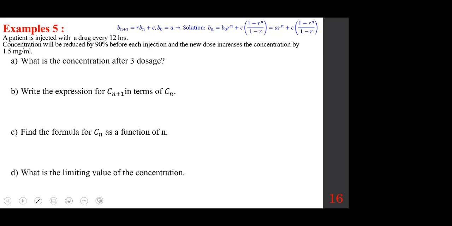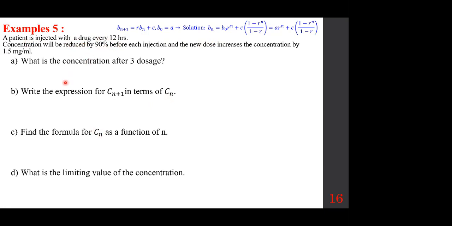Thank you so much. Okay, class. Couple of things. First and foremost, as far as the reading is concerned, just to make sure, this is C sub n plus 1. This is C sub n. This is C sub n. The second thing is that this is a word problem. So when you have a word problem, you need to know what's given.